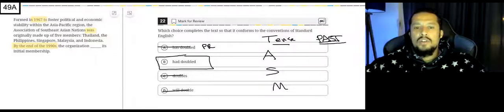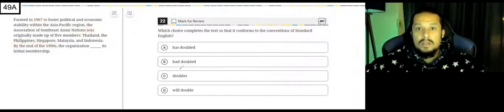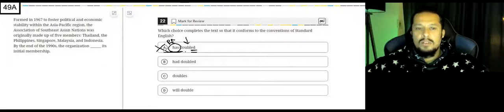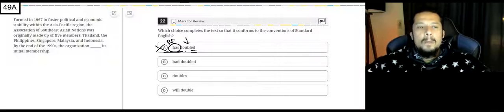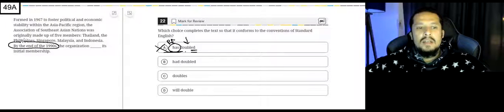Now, for my international peeps, don't be tricked by the participle form. Has is the one that dictates whether this verb is in the past, present, or future. So has is in the present, so the verb is in the present. That's number 1. And another thing I wanted to tell you guys about: by the end of the 1990s.